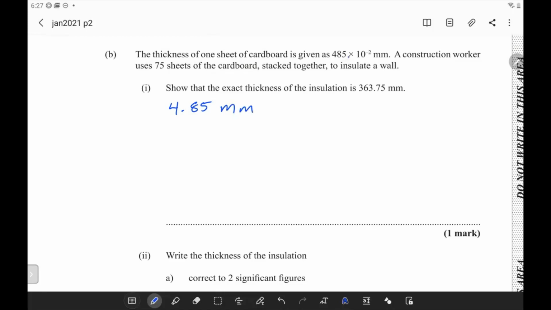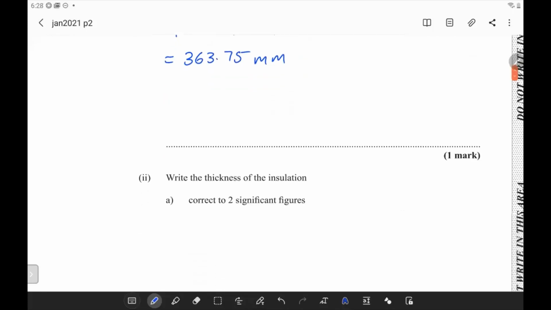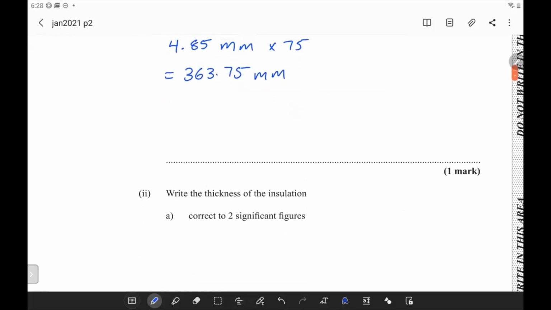That is because we can move the decimal point 2 places that way, so we can get back to the original value. And we want to multiply that by 75 sheets to get how much thickness the 75 sheets provide. And this happens to be exactly 363.75 millimeters of thickness.